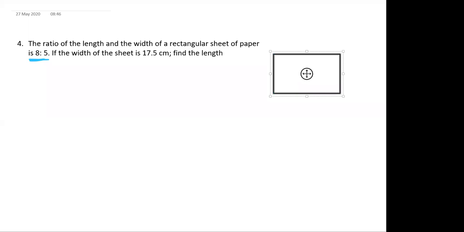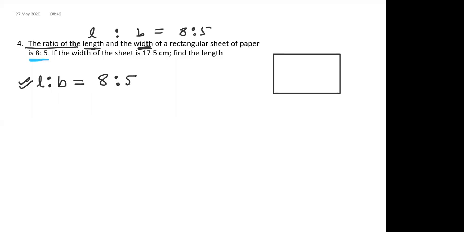Okay, so the ratio of length and breadth is 8:5. That's what is given. Just read the question once again. The ratio of length and width. It means length and width, and their ratio is 8:5. That's what I have written here. Length ratio width is equal to 8:5.